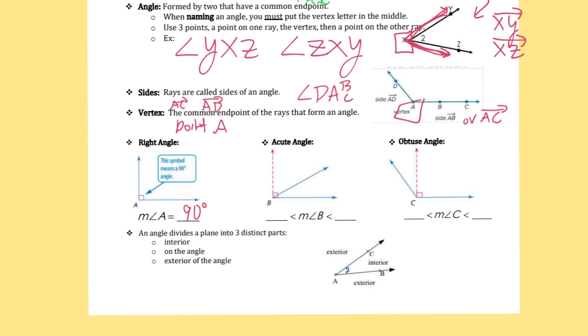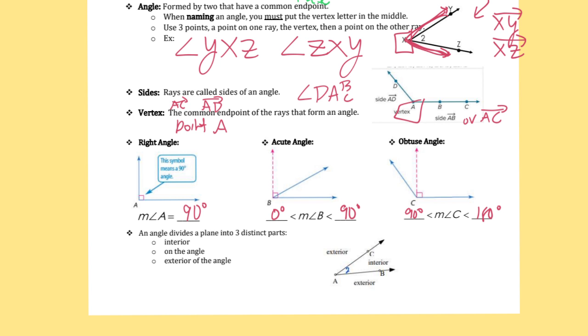An acute angle, you've heard of acute angles. Acute angles are smaller than 90 degrees, so it's less than 90 degrees. It can't be equal to 90, but it's got to be greater than 0 degrees. A 0 degree angle is kind of weird. It's more like two rays smashed on top of each other. So an obtuse angle is going to be bigger than 90, greater than 90 degrees but less than 180 degrees.